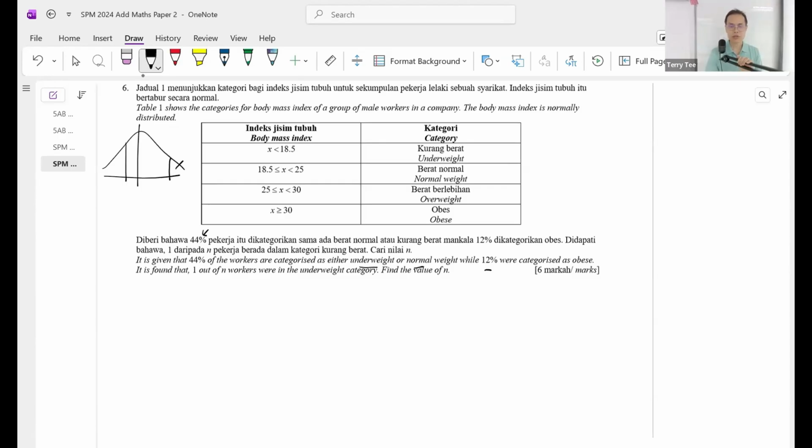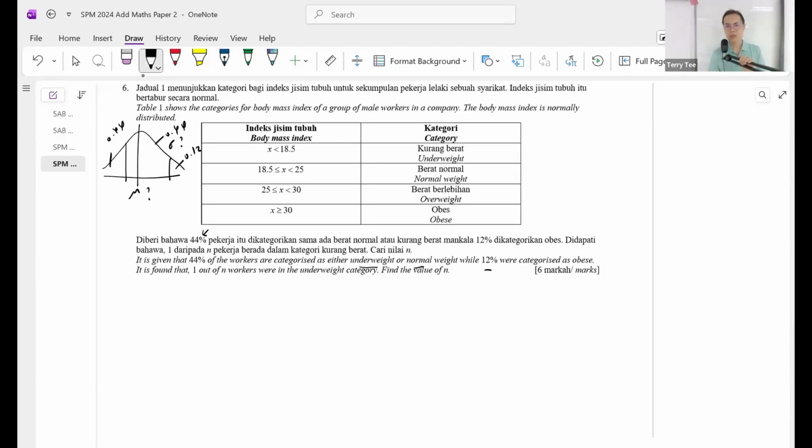Obese is lesser, only 12%, 0.12. So 44% is 0.44 here. Another 44%, 0.44. If you add together, isn't it 1? Yeah, in probability terms it is 1, in percentage it is 100. So this is your mu that we don't know, and your standard deviation we don't know, right? So let's begin by finding this.